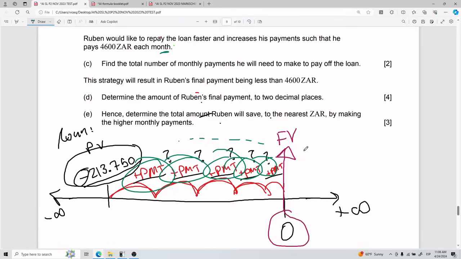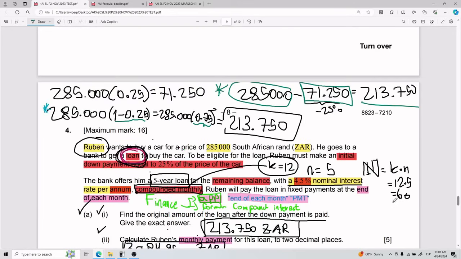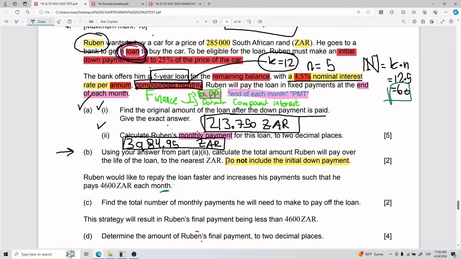We know that Ruben pays monthly, so that means per year he pays 12. So he paid for 60 months because big N is 60. All you really have to do here is take your PMT and multiply by number of months or periods.